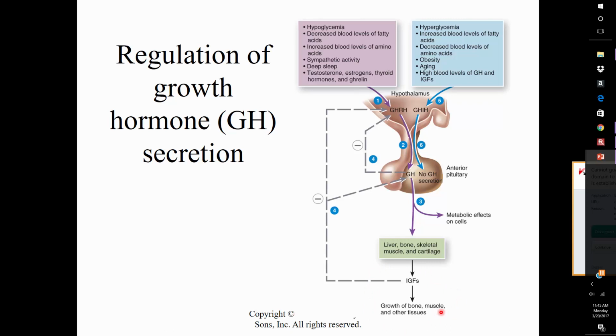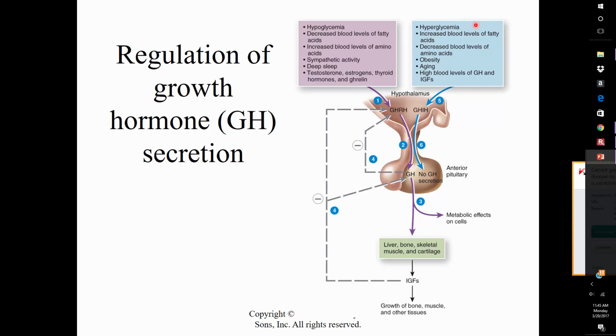If we don't have enough nutrients around, we are going to increase GHRH and increase growth hormone, so we can increase the release of those nutrients. We're going to break down fat and increase fatty acid level. We're going to increase blood glucose level. And we're going to use our amino acids for protein synthesis and for growth.